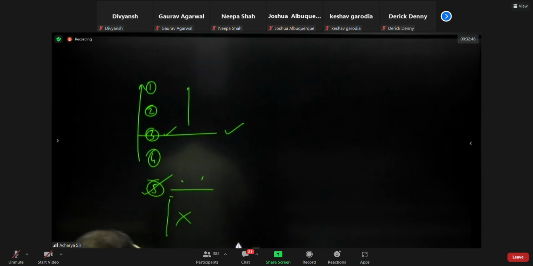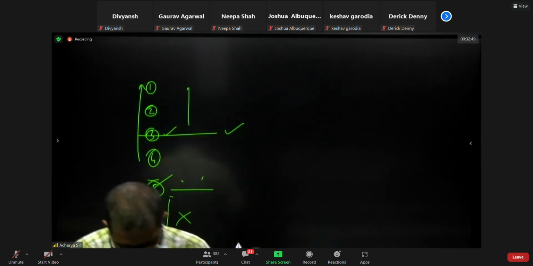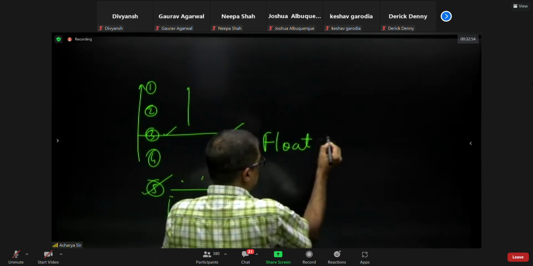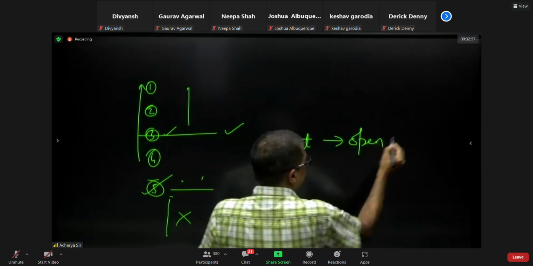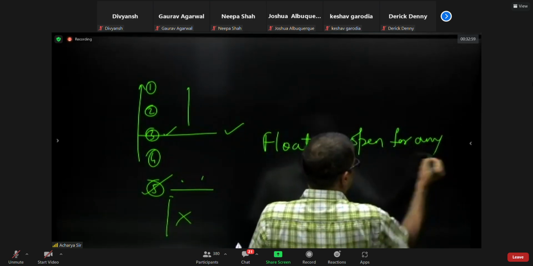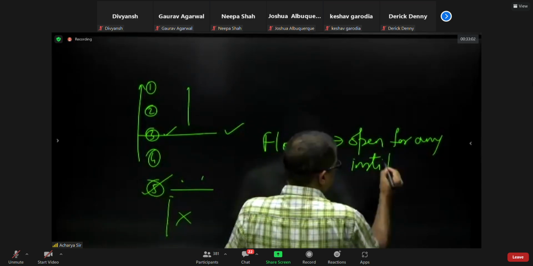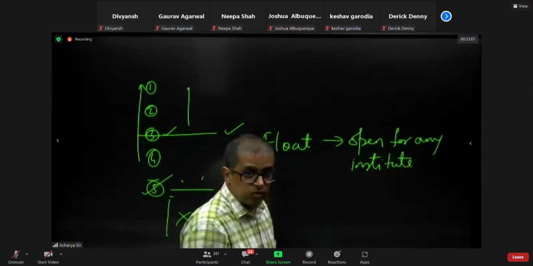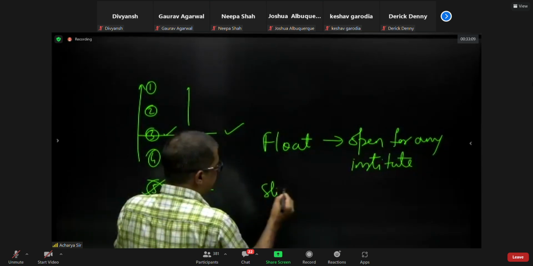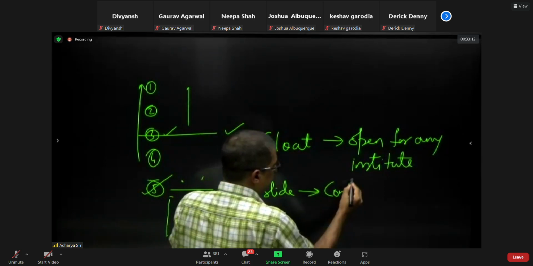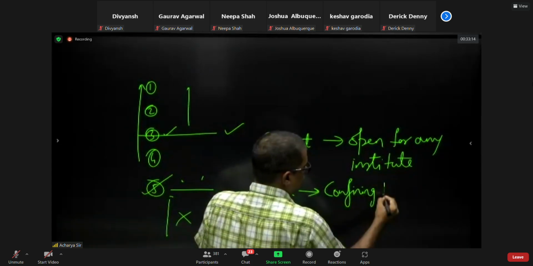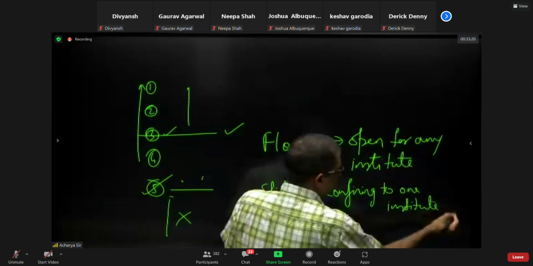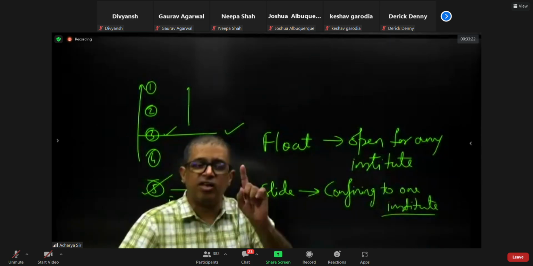We spoke about freeze, float and slide. Again, I repeat one word. When it is float, you are open for any institute. This is important. Any institute which comes above in your preference list. Slide, you're confining to one institute, whichever institute you have been allotted in the first round.